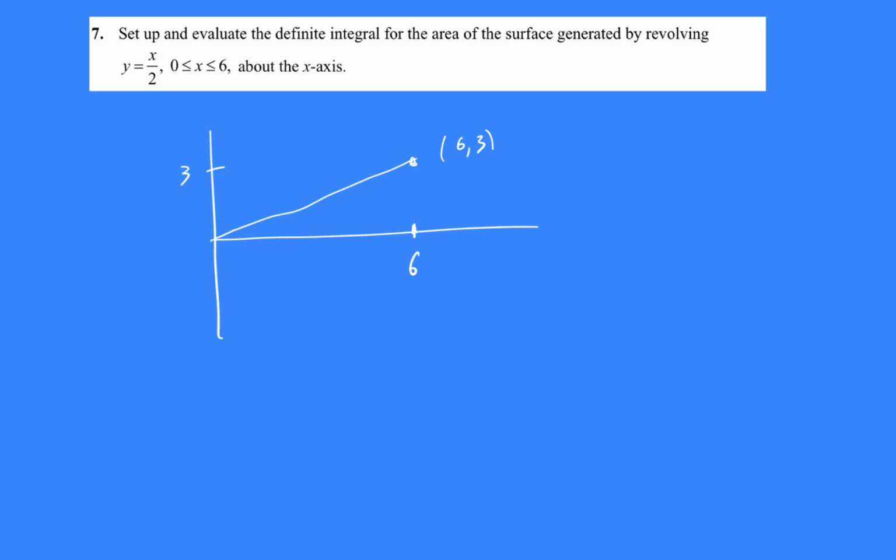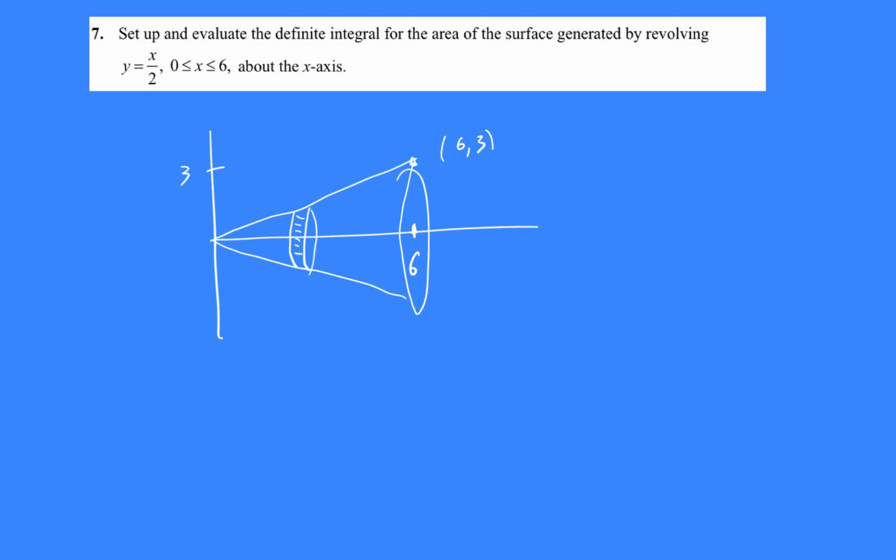If you revolve the graph through the x-axis, you will find a cone. Now it says, find the surface area of the cone. So I will find the surface of this element, of this ring.